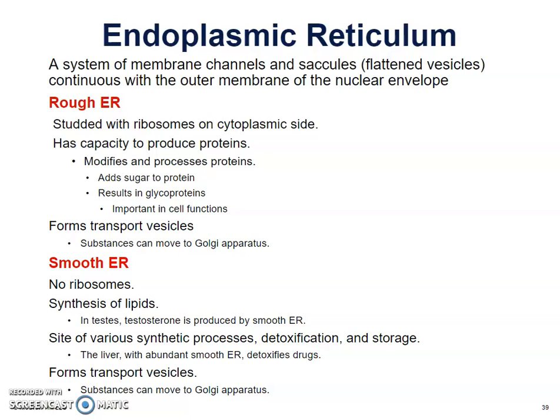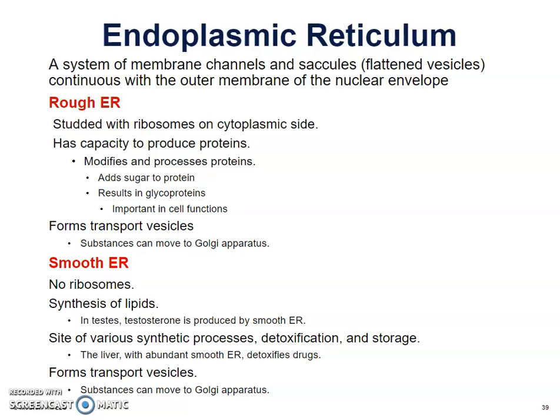So the ER takes those proteins made by those ribosomes and adds sugars, which results in glycoproteins, which are important in cellular functions. These substances are then shipped to the Golgi apparatus. It's wrapped up in a vesicle, wrapped up in a box of cell membrane phospholipids, and taken to the Golgi apparatus.